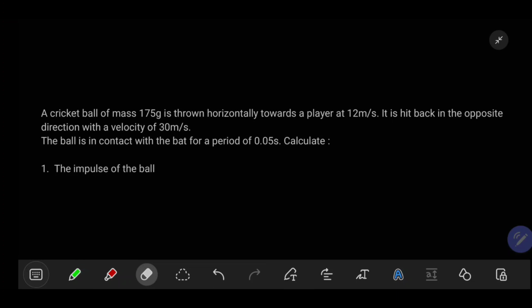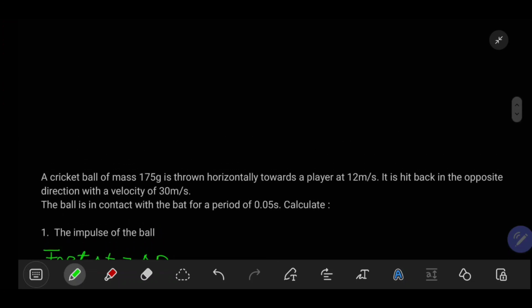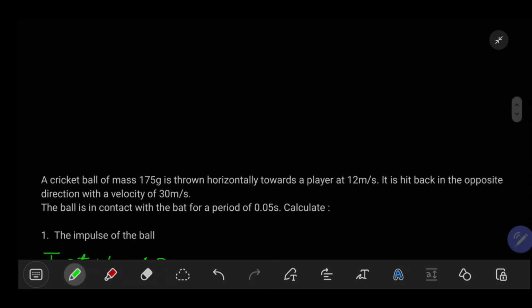Before we analyze the question, we know that when you talk of impulse mathematically, the formula for impulse is F net multiplied by change in t, which is equal to change in p. Now back to our statement, we have to do the analysis.